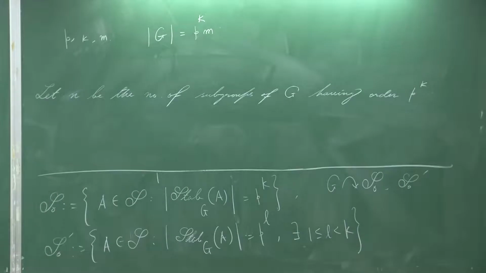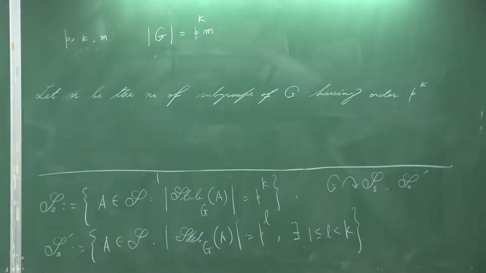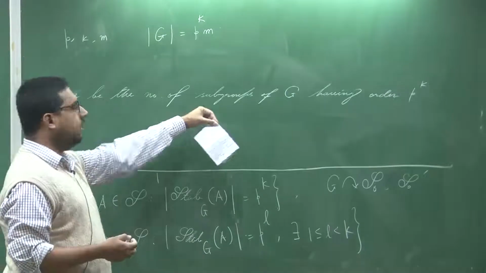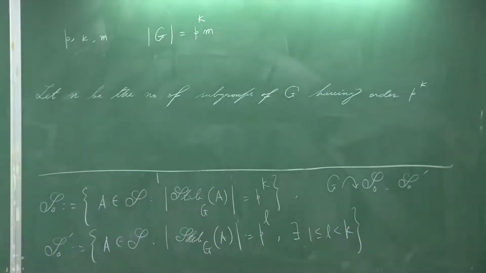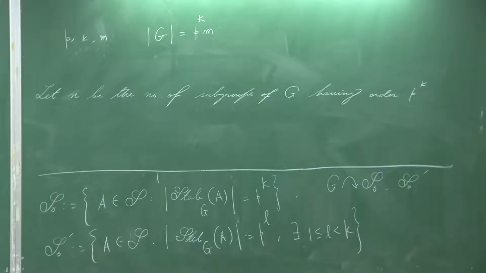So, we have these many subgroups of order p to the power k, and for each such subgroup how many cosets do we have? We have m cosets, because the number of left cosets and the number of right cosets are the same, as we have seen earlier. So, for each such subgroup we have exactly m distinct right cosets.